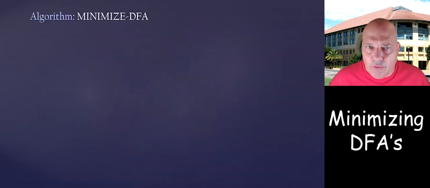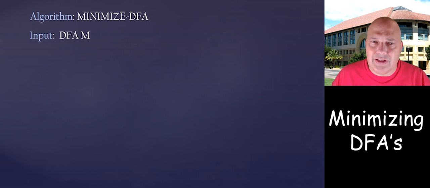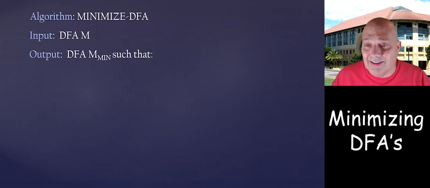So we want an algorithm that we'll call minimizDFA. And that algorithm is supposed to produce the minimal DFA that is equivalent to your input. So the input is a DFA M. The output is a DFA M min, which ideally is going to be the minimal DFA that is equivalent to M. But let's see what the properties that we're going to show.